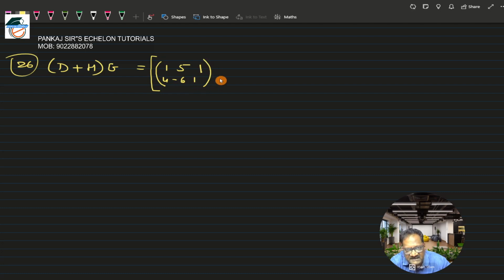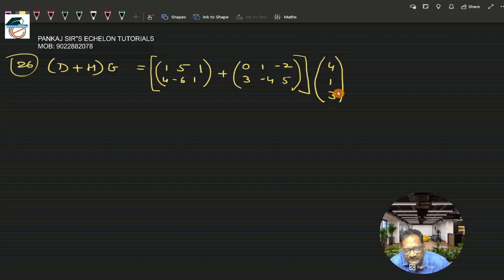This is D plus H. Now H is 0, 1 and minus 2, and then 3, minus 4 and 5. So this is D plus H. This you will have to multiply by G, and your G is a column matrix 4, 1 and then 3.